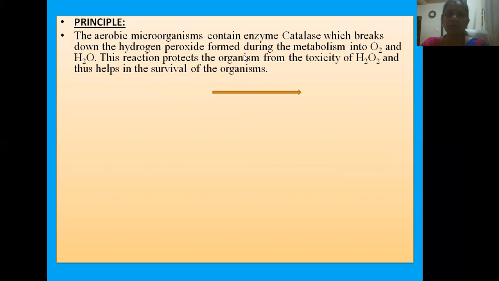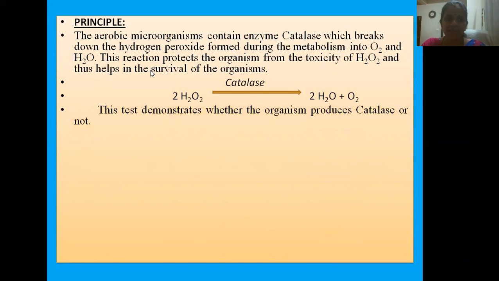The aerobic microorganisms contain the enzyme catalase, which breaks down the hydrogen peroxide formed during metabolism into oxygen and water molecules. This reaction protects the organism from the toxicity of hydrogen peroxide and thus helps in the survival of the microorganisms. This test demonstrates whether the organism produces catalase or not.